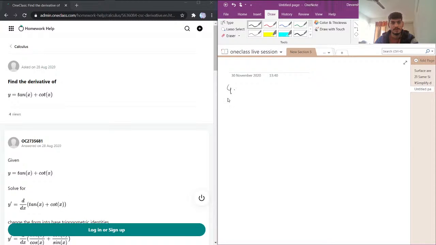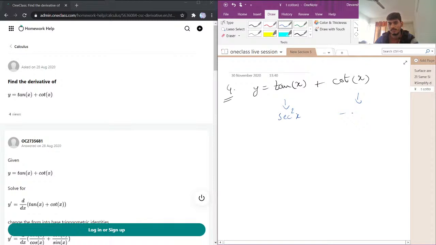Question number 4. Find the derivative of y equal to tangent of x plus cotangent of x. So the derivative of tangent of x is secant square of x.